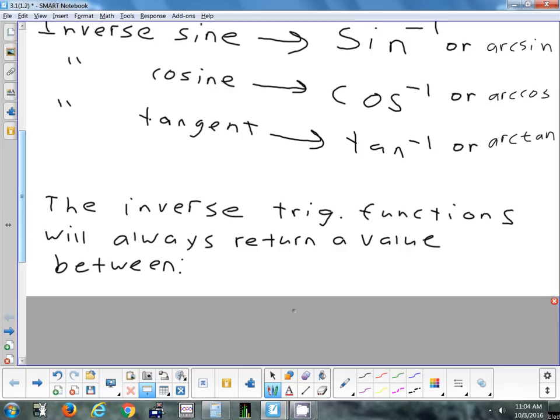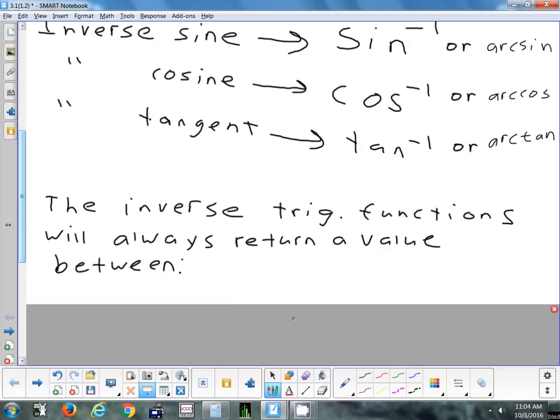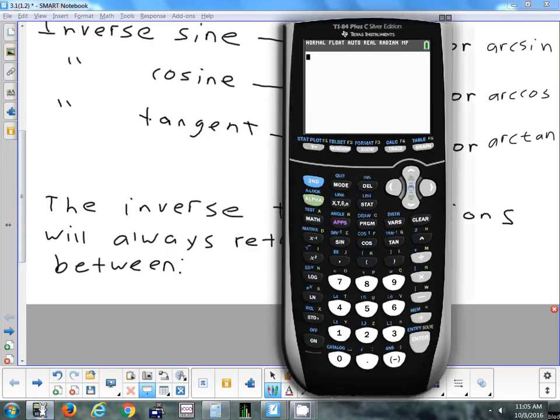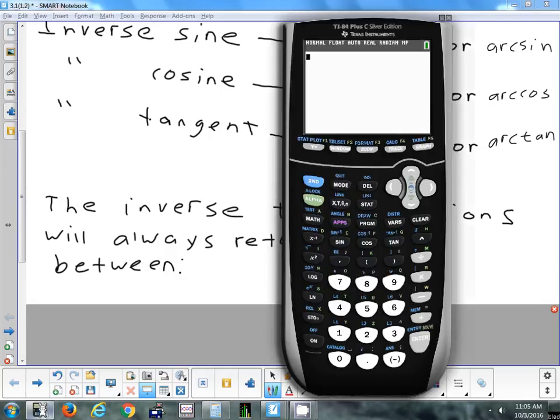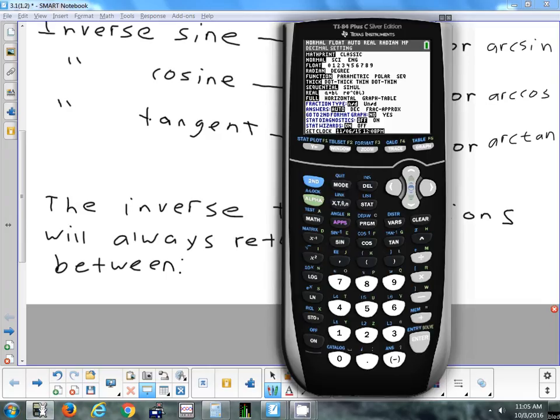All right, so the next thing we're going to look at is when you type in inverse sine and then put in a number, what do we get an answer between? Let me type in some numbers for inverse sine and see if you can see a pattern. I'll do it in degrees.